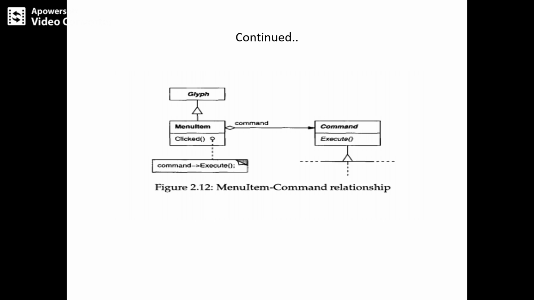Whenever a user needs to quit the application, change the font, change the style, or select or cut text, these all come under the menu item command relationship. So in the menu item class, clicked calls execute and the command should be executed. This is the menu item command relationship.